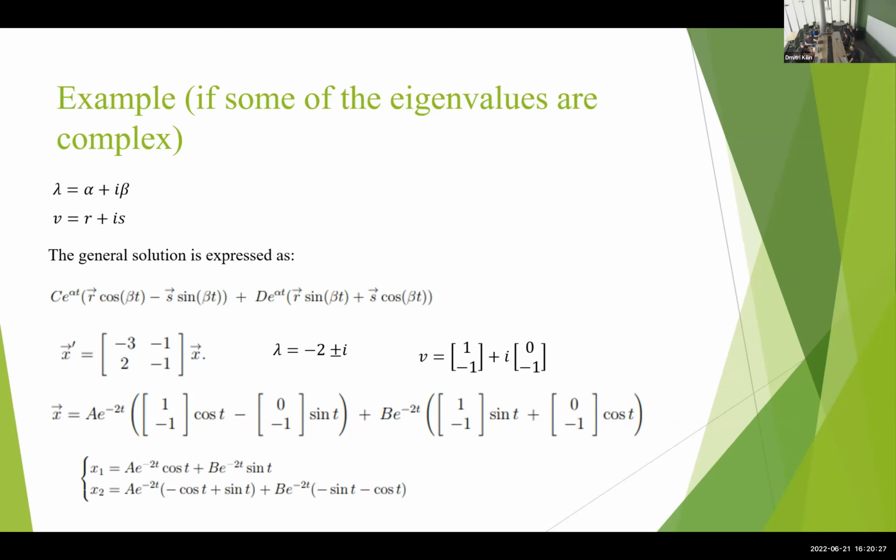For the example I mentioned here, I obtained lambda equal to -2 plus or minus i, which means alpha is -2 and beta is 1. Then based on lambda, I obtained the eigenvectors, and following the equation, we can easily find the solution of these linear differential equations.